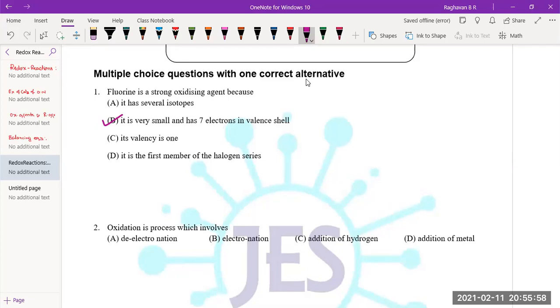So option B is most important. Also, 7 electrons means it requires 1 more electron to complete the octet. That factor also increases the urge to acquire 1 more electron. Right? Next.